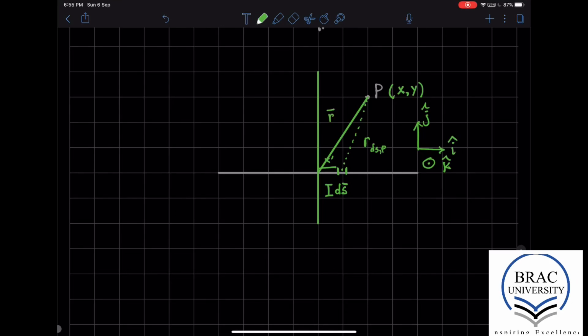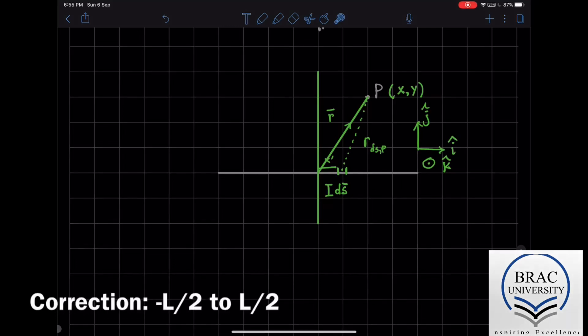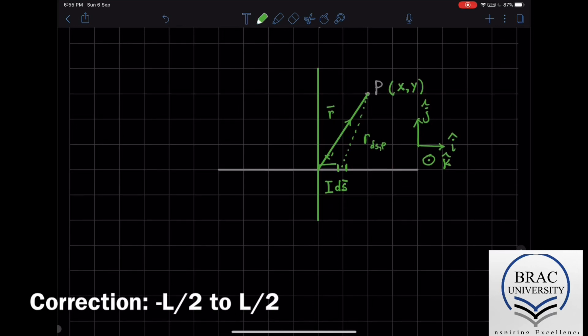Let us introduce the length of this wire. Suppose its length is L, then the x coordinate of this end is minus L by 2, and this one is L by 2. Let us introduce the vector r prime to be the position of the element ds. It's given by x prime times the unit vector i hat.